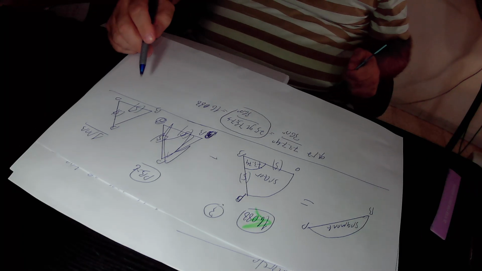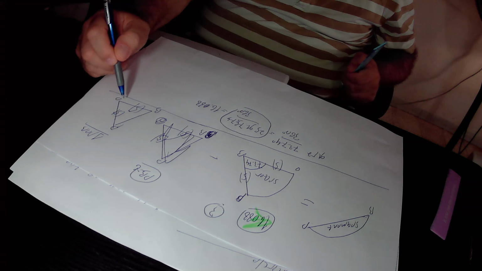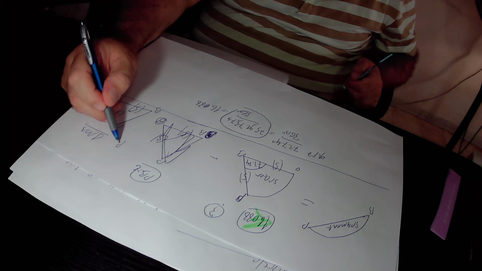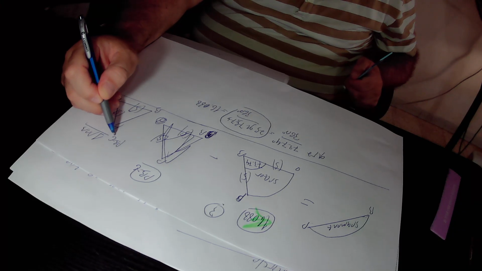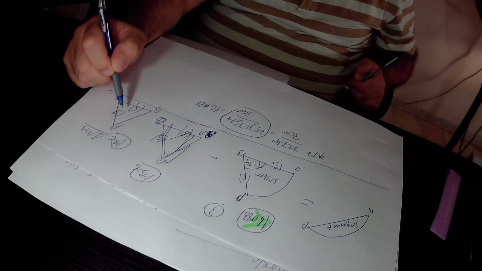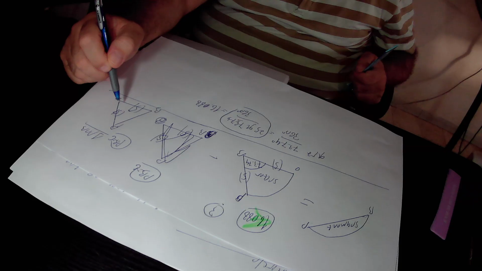PO equals 5, BO equals 5, and PB equals 6 units in length. PB is defined as the base of this isosceles triangle POB.